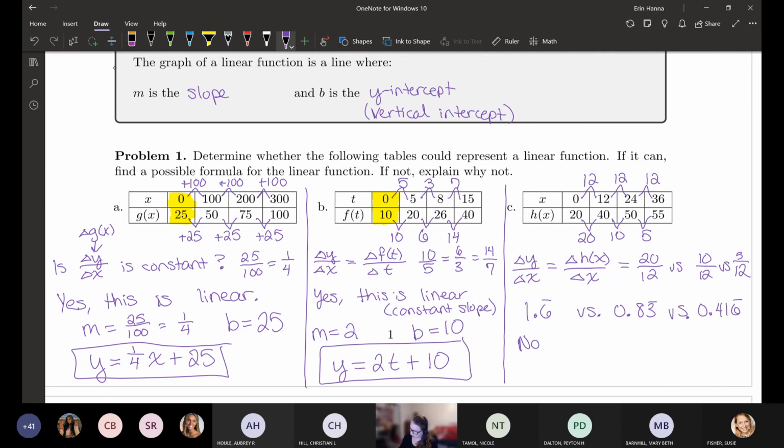So this is not a constant slope. This is not linear. So not a constant slope. So this is not a linear function.